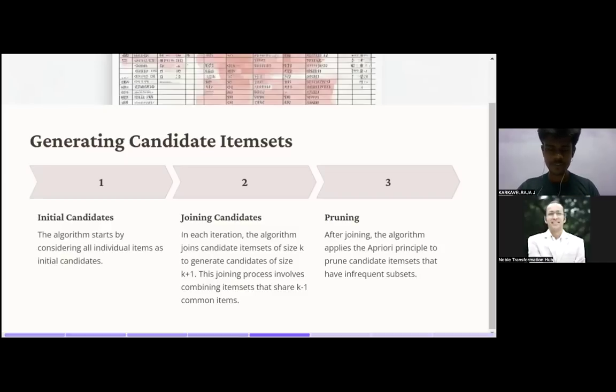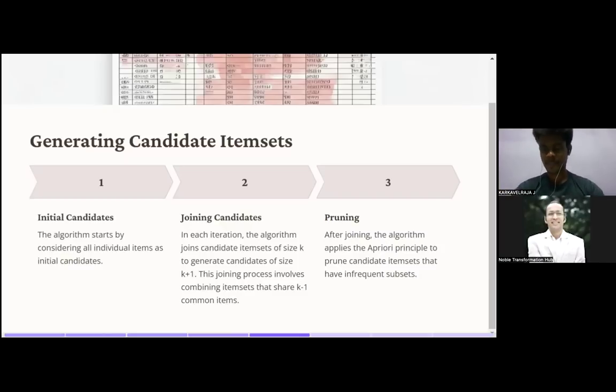Generating candidate item sets. We have 3 steps. Step one, initial candidates. The algorithm starts by considering all individual items as initial candidates. That's a very simple statement. Then step two, joining candidates. In each iteration, the algorithm joins candidate item sets of size k to generate candidates of size k plus 1.